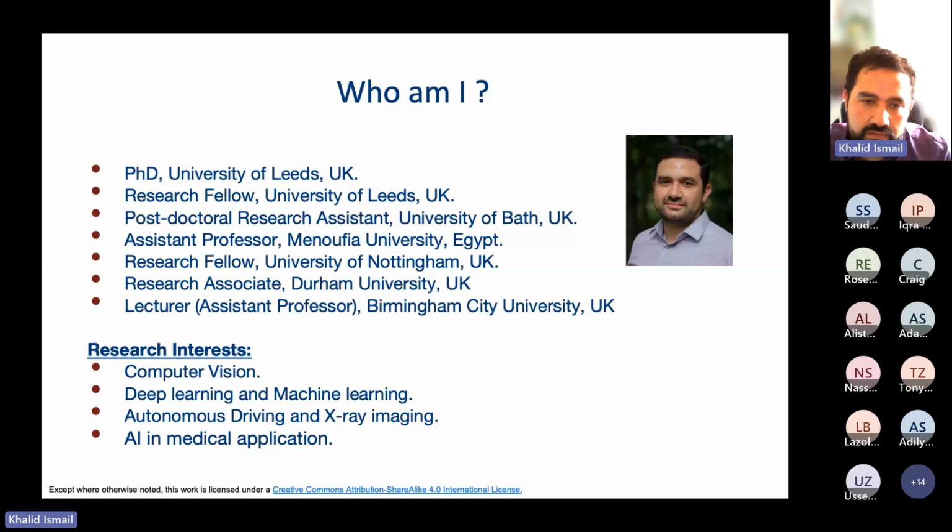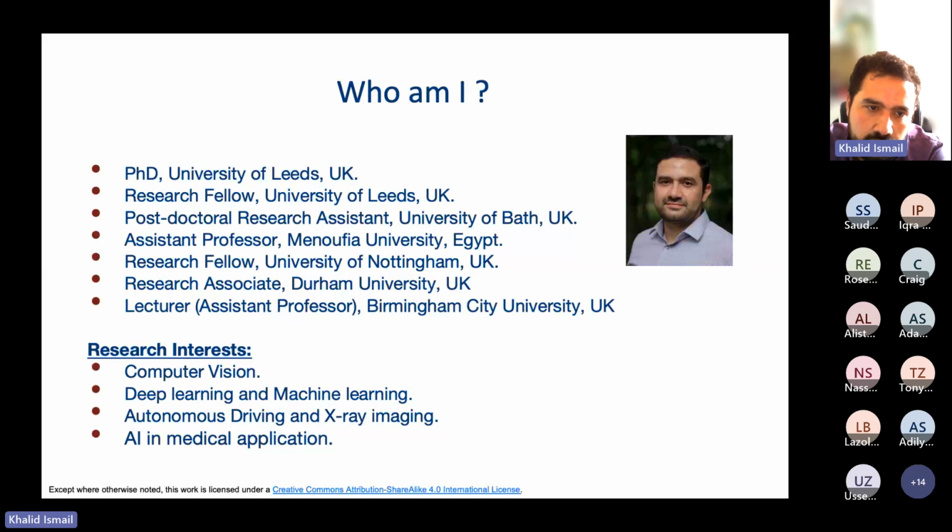That's back around 2013, and after that I worked in various research positions in various universities, starting as a research fellow at the University of Leeds after my PhD, a postdoctoral research assistant at the University of Bath, and I've also worked as an academic in a university in Egypt.